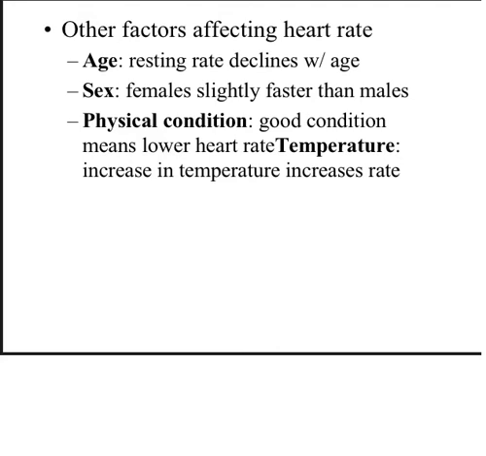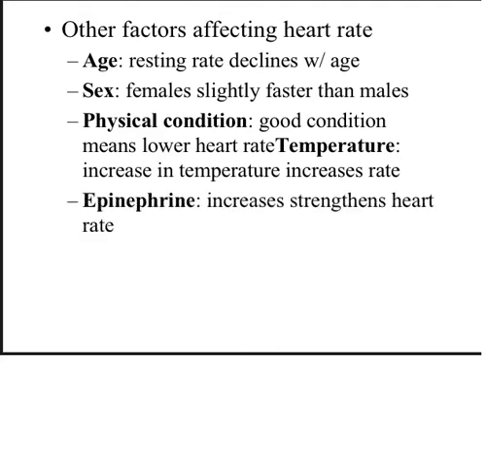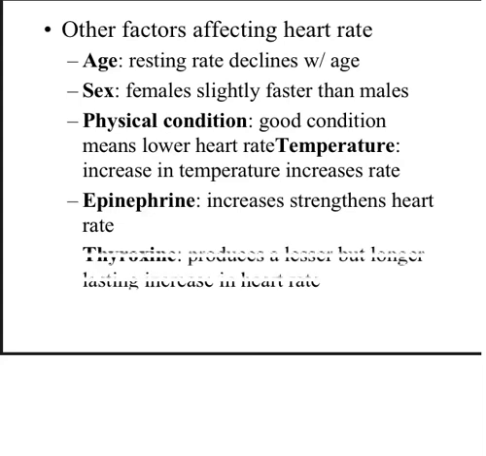An increase in temperature usually increases the heart rate, while epinephrine will increase and strengthen the heart rate. Thyroxine, which is a hormone produced by the thyroid gland, which lies right in front of your trachea, produces a lasting increase in heart rate because of its effect on metabolism.